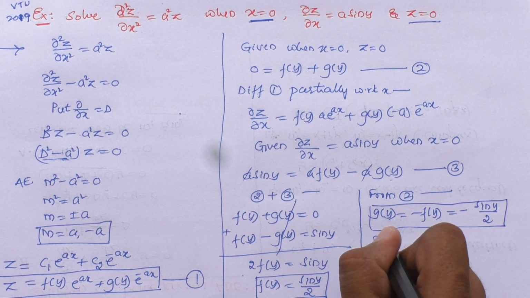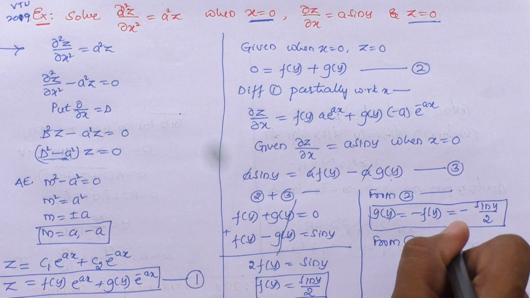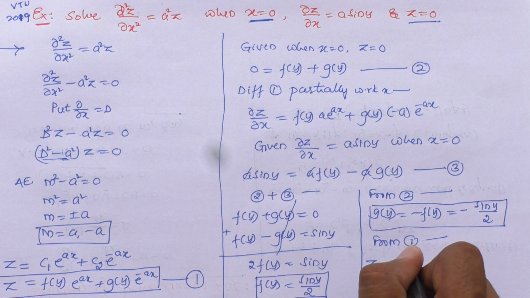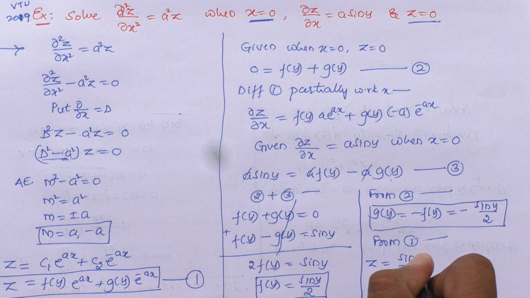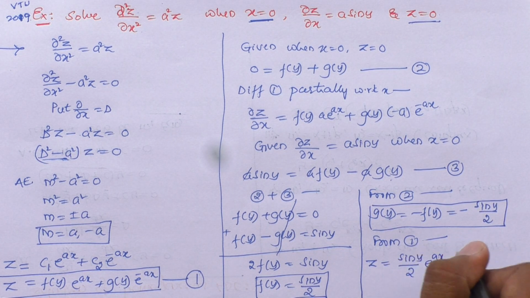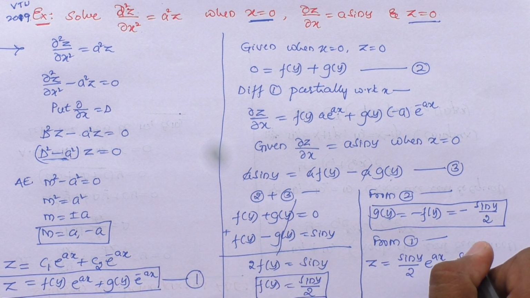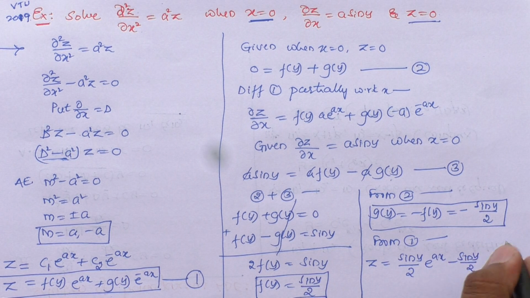From 1, z equal to f of y, sin y by 2, e raised to ax, plus g of y, that is minus sin y by 2, into e raised to minus ax.